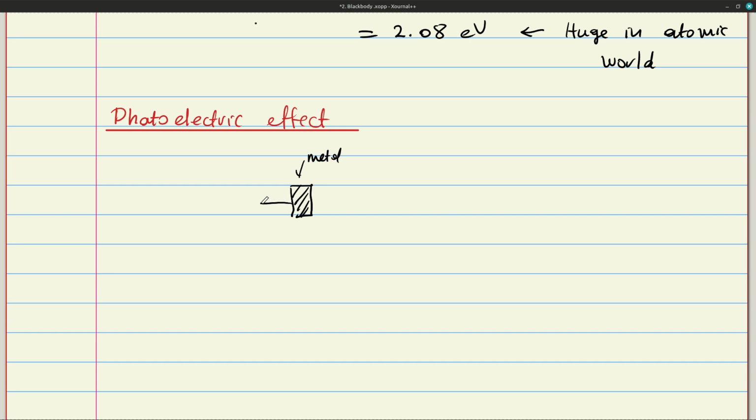And I want to connect this metal to a voltage source, so that I can change the applied voltage, and I can also measure the current.